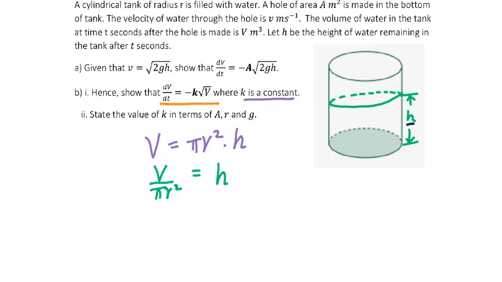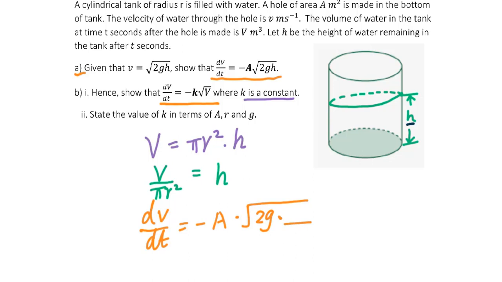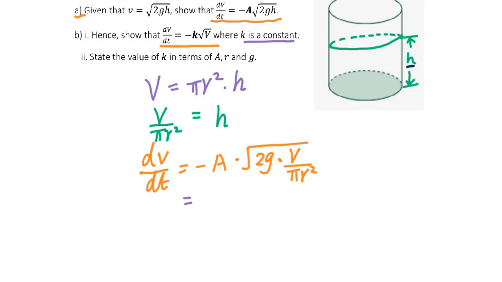Then use the conclusion we got for a: dV/dt equals negative a times square root of 2g times h. We substitute h equals V over pi r squared into this function. You will get the negative a times square root of 2g over pi r squared times the square root of V.